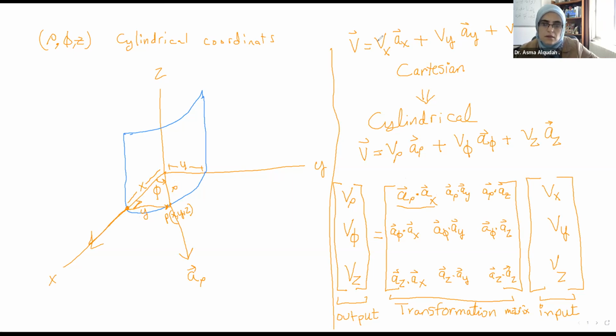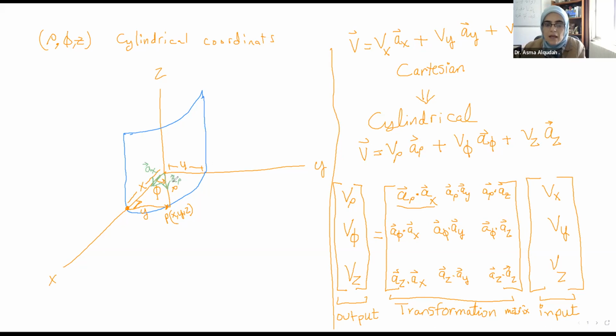Let me do it in a different way, using a different color here. So we have A sub rho, a unit vector along the rho direction, and A sub x, a unit vector along the x-axis. Now we want to perform the dot product between A sub rho and A sub x.